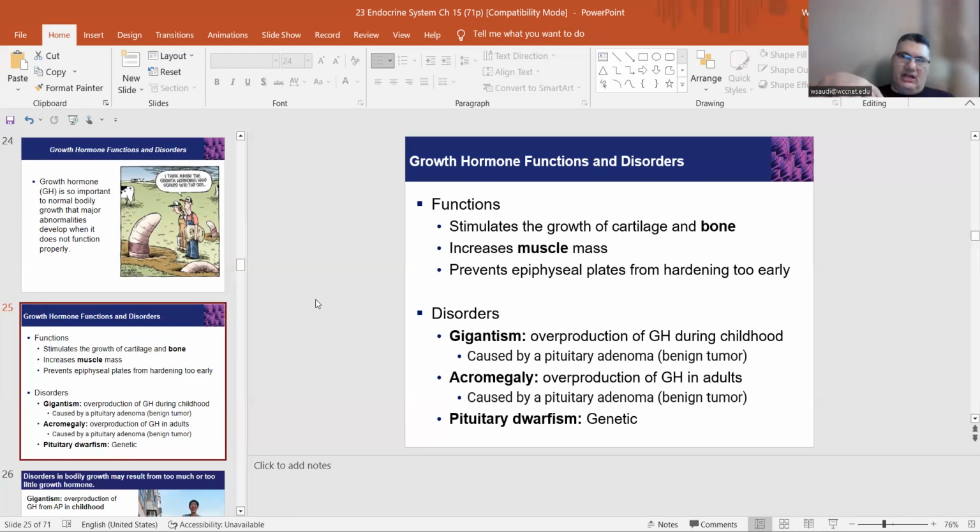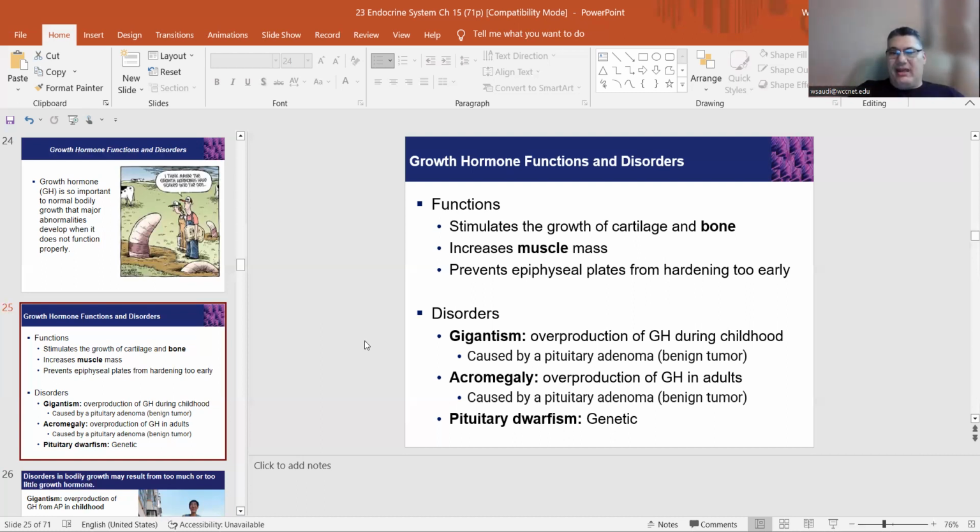When we were babies and children, we grow until the epiphyseal plates, which are at the end of the bones. These are the ones that make us taller and taller, or make our bones longer and longer. And when they close, there is no more effect.